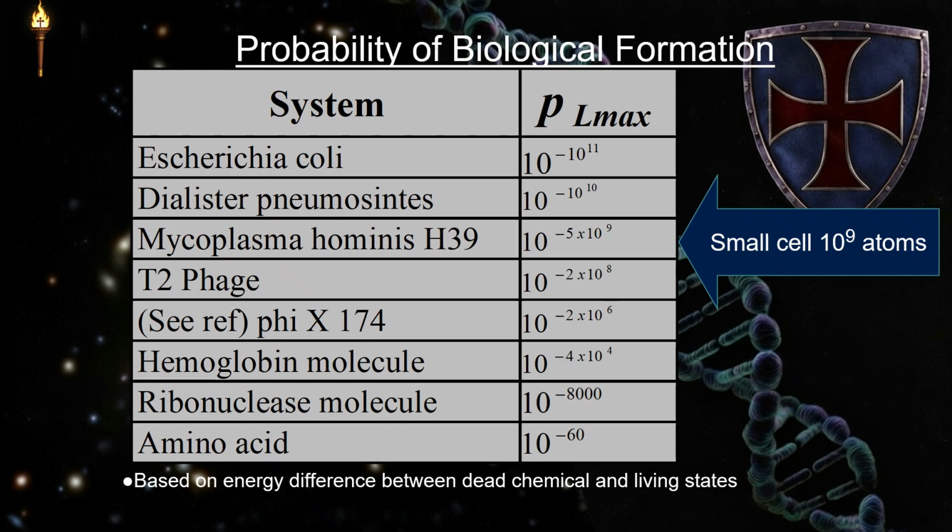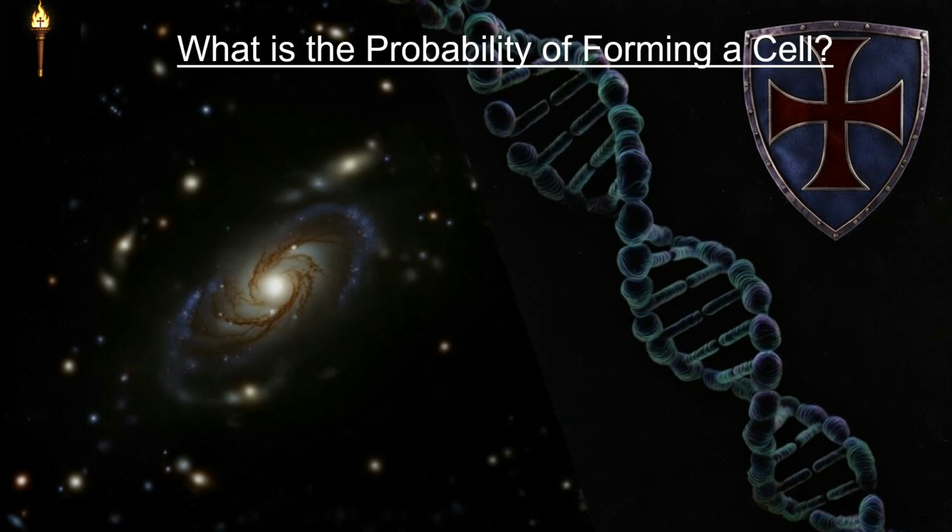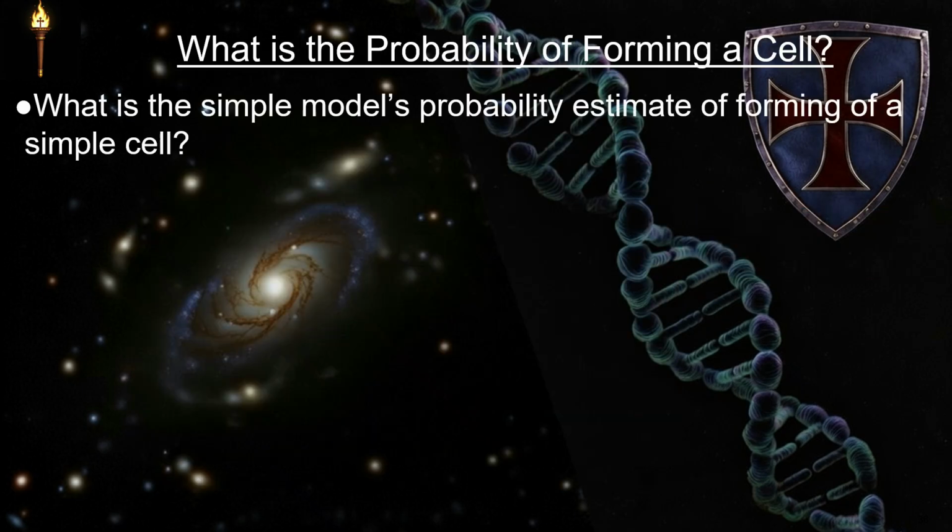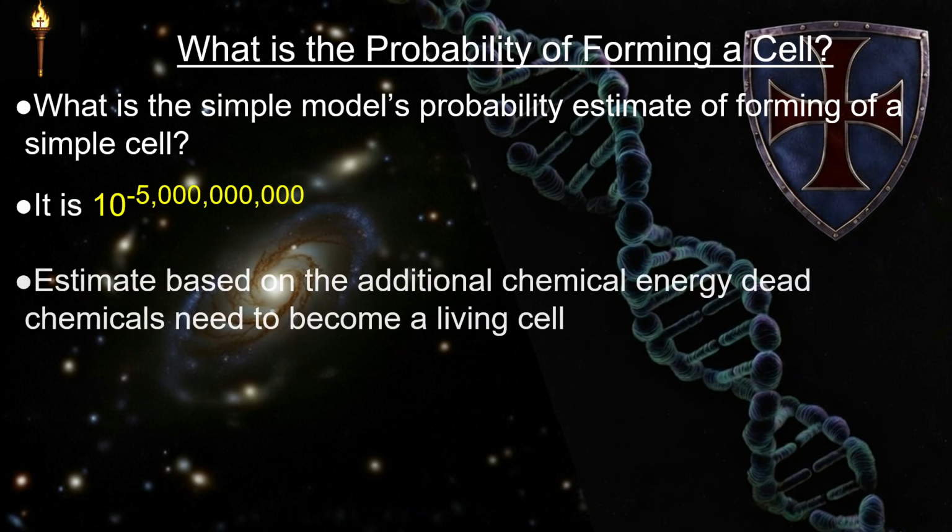And its probability of forming, PL max, is 10 to the minus 5 times 10 to the 9. So the simple model's probability estimate of forming a simple cell, from that table, is 10 to the minus 5 billionth power. And again, this is estimated based on the initial chemical energy. Dead chemicals need to become a living cell.